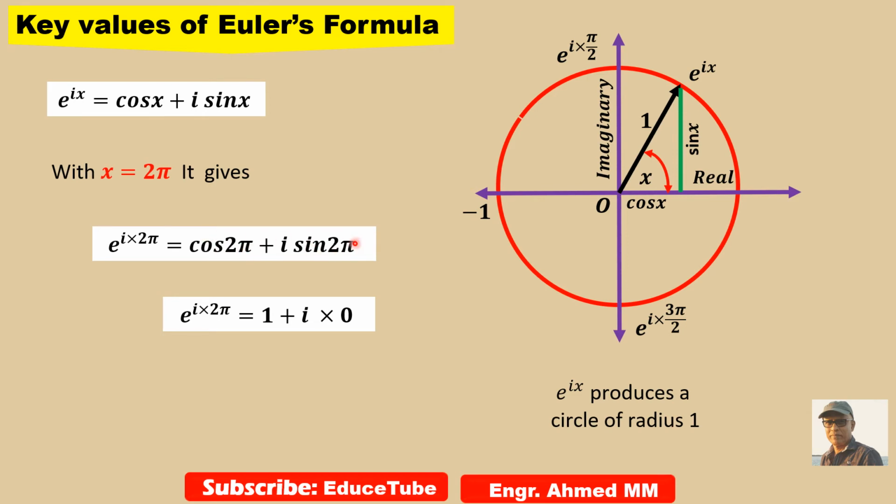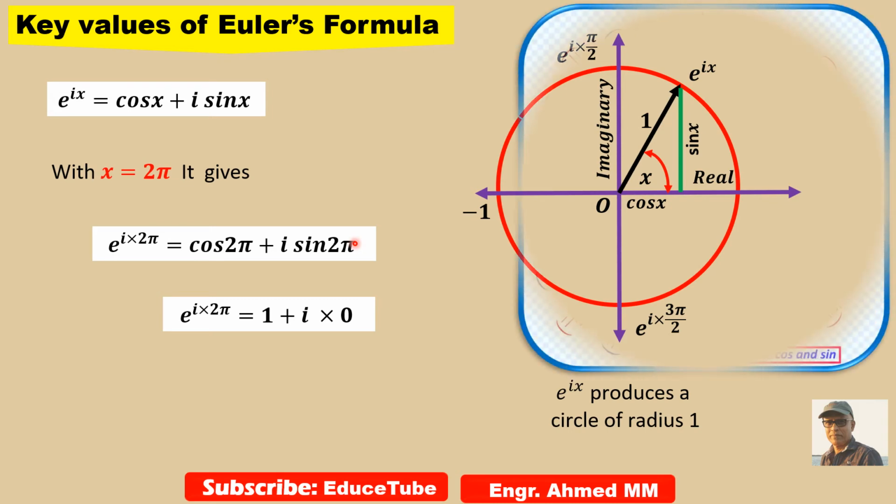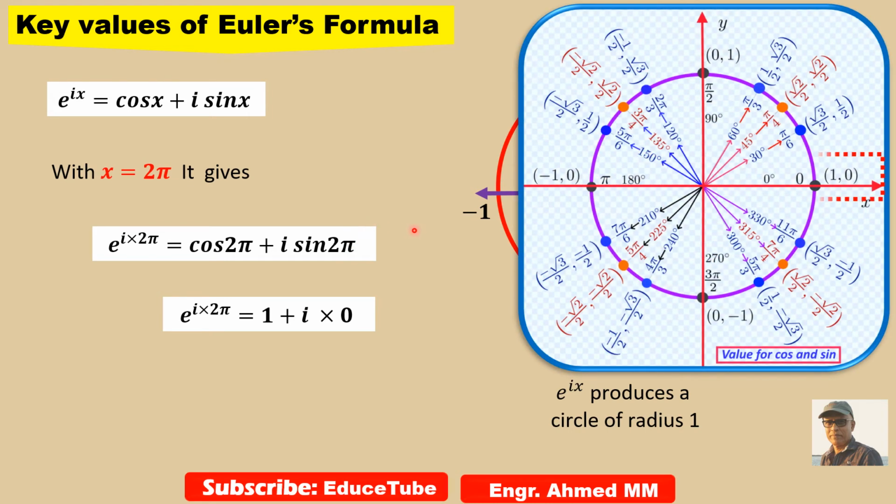So what is the value for this? Let's bring the charts. This is the value for 0 or 2π. cos 2π means 1. And sin 2π, it is 0. It is here.